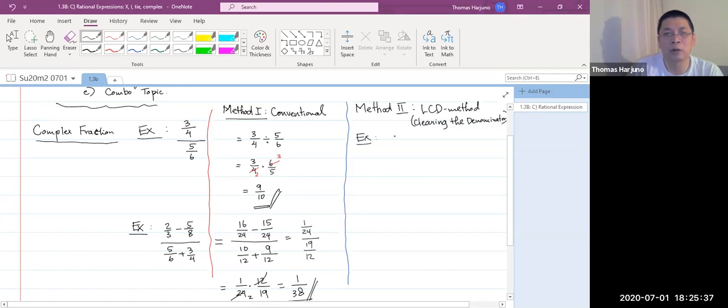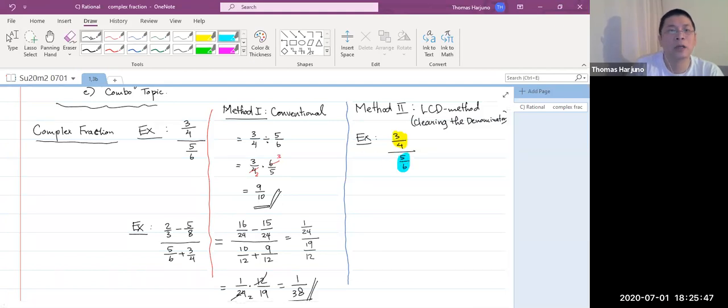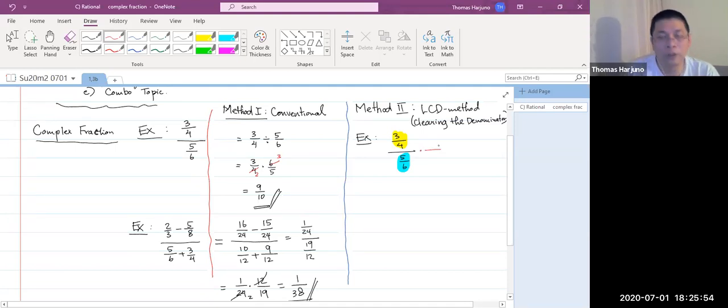Let me rewrite the question. 3 over 4, big over 5 over 6. Now, we will see this as two different numbers, and then multiply the top and the bottom by the LCD of these two fractions. The LCD of 4 and 6 is 12. So I multiply the top by 12, multiply the bottom also by 12.